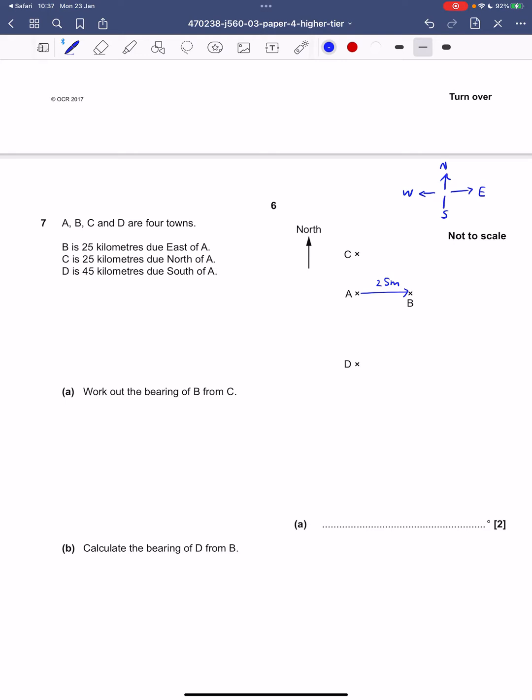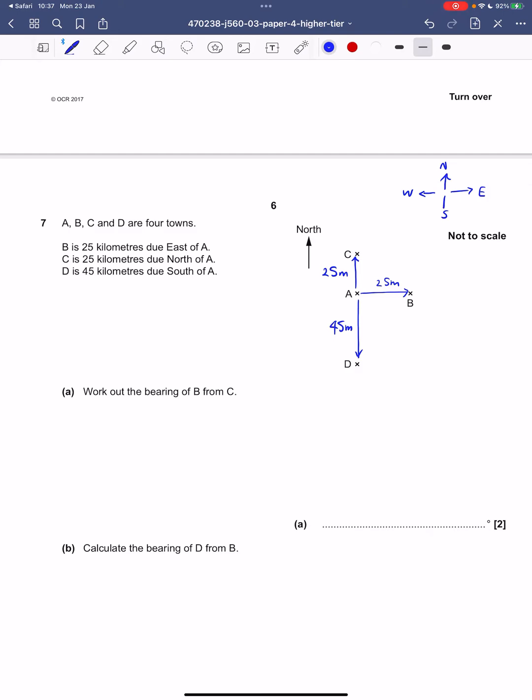C is 25 kilometres north of A, so that's another 25 there. And D is 45 south of A. C north of A, D south of A. Work out the bearing of B from C.